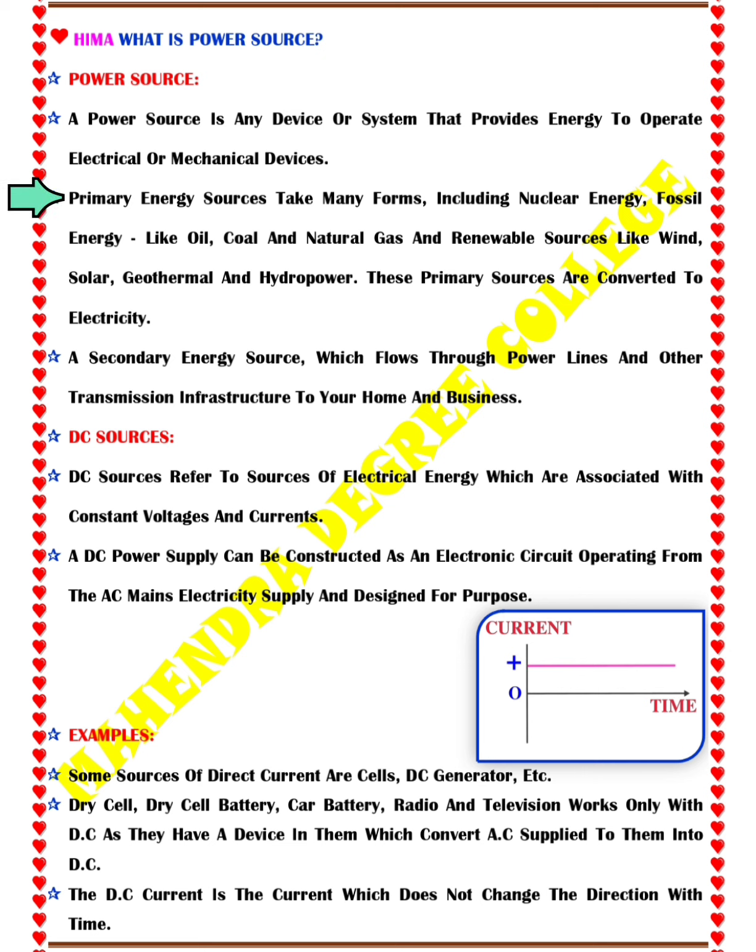Primary energy sources take many forms, including nuclear energy, fossil energy like oil, coal, and natural gas, and renewable sources like wind, solar, geothermal, and hydropower. These primary sources are converted to electricity.